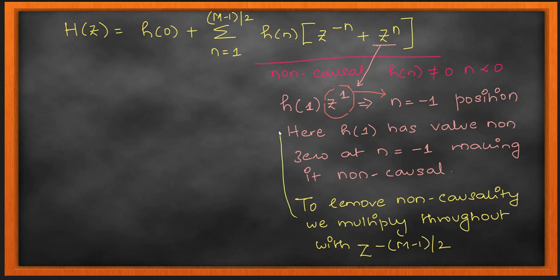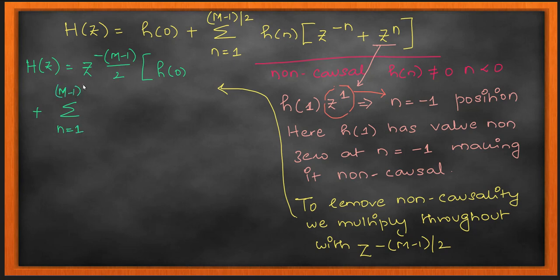To remove this non-causality, or to make your filter causal, I take the negative coefficients and shift them to the positive side, and I do that shift by multiplying with z to the power of minus (m minus 1)/2. When I multiply with this, all the negative index values are shifted to the positive side.